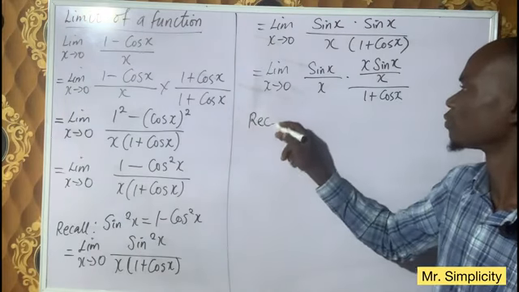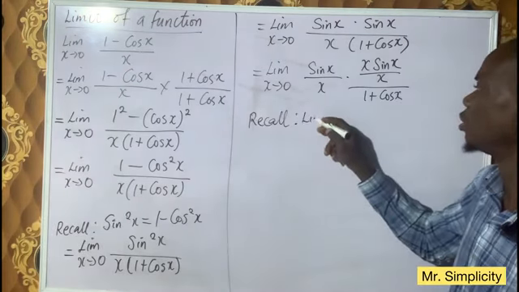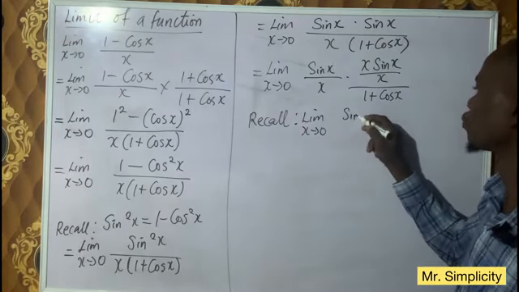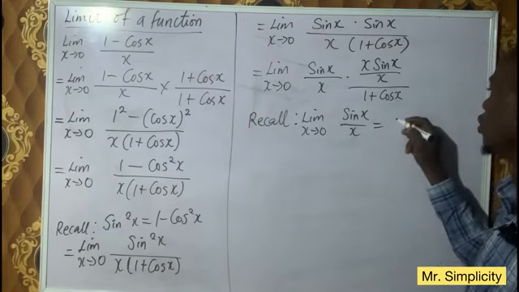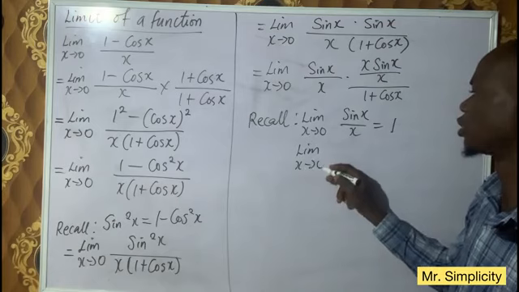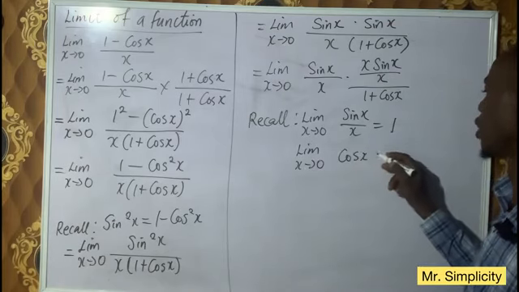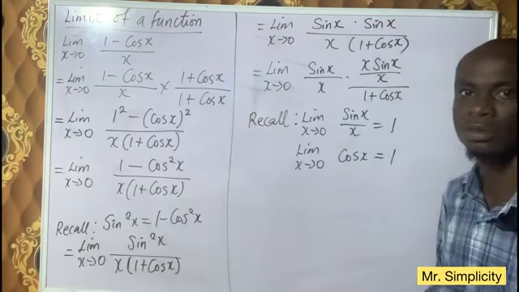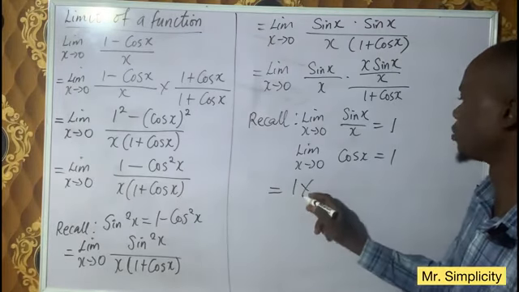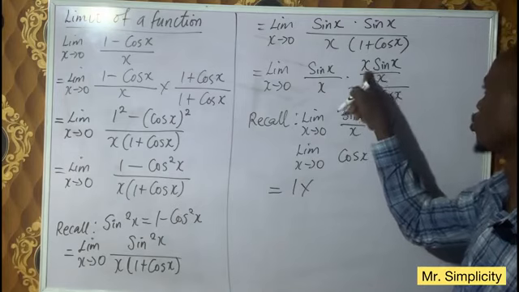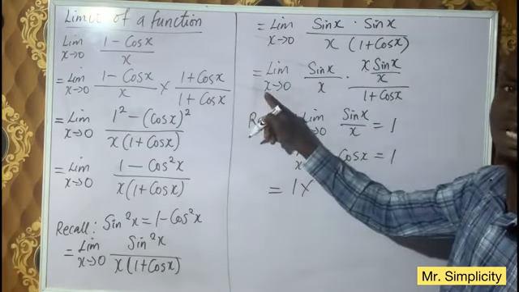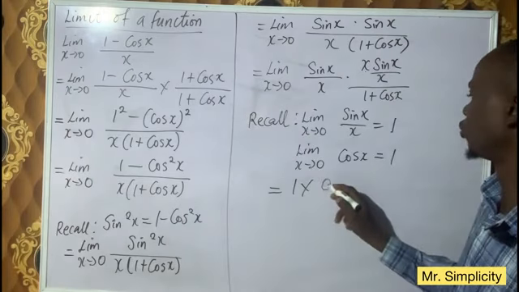Now we can record the special limits to replace them at this stage. Recall limit as x tends to 0, sine x over x is 1. Also, limit as x tends to 0 of cos x is 1. So everything is now equal to 1 times x, which did not cancel out. Take note: since it did not cancel out, it has a value from the limit. x is 0, so it will be times 0.